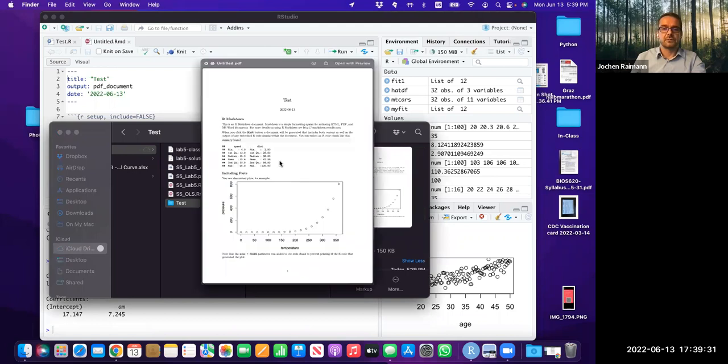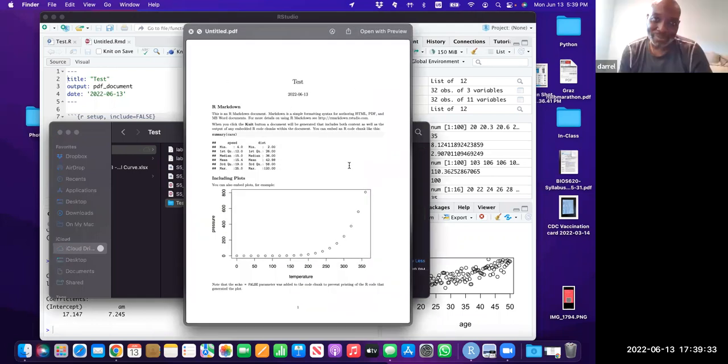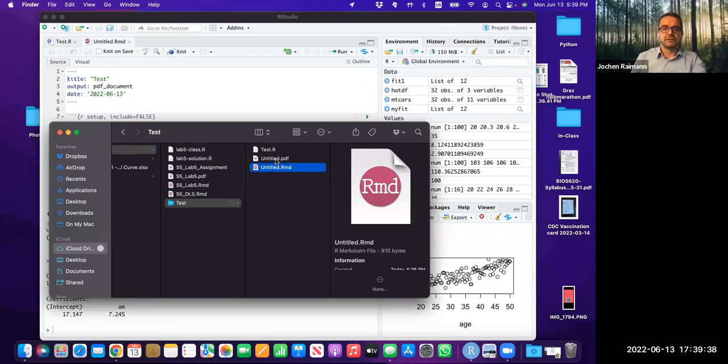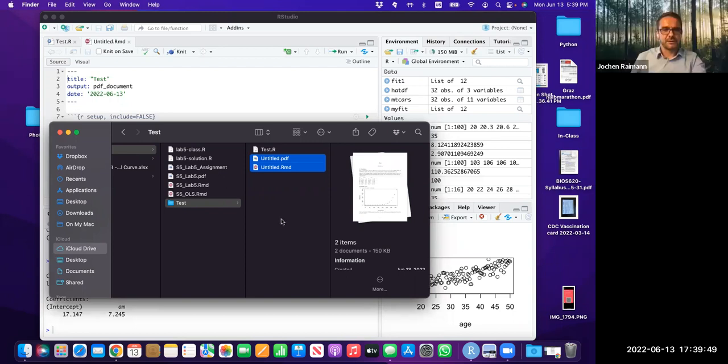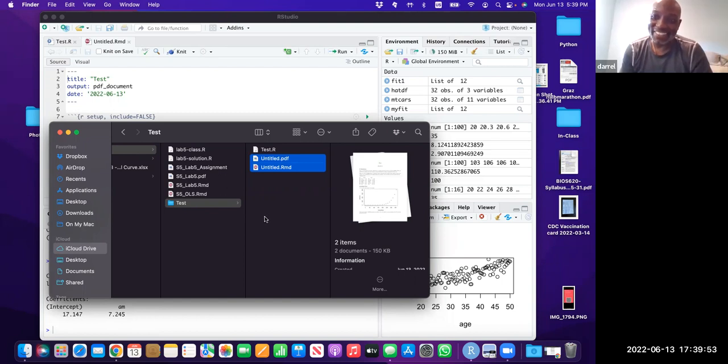So this is now the PDF. And the submission should contain the Rmd file and the PDF. Okay, that was my problem. Is your problem solved now? Yes, it is.